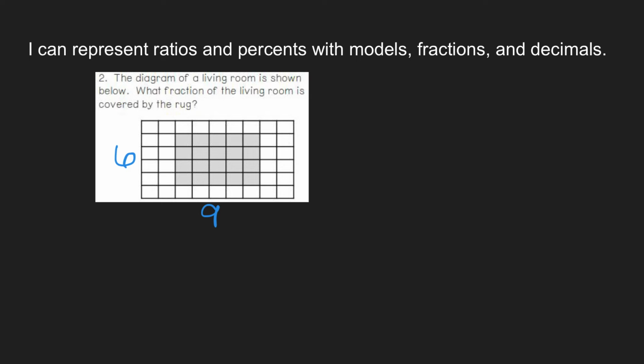Okay, and then we have 4 by 5 is 20. So, this one's going to be hard. 20 over 54. Okay. Well, kind of a pain because 54 won't go into 100 very well.